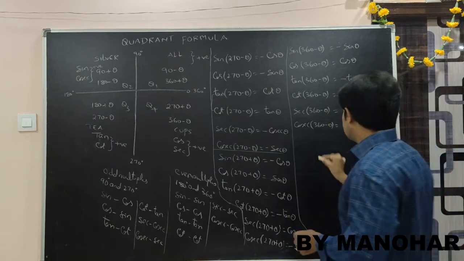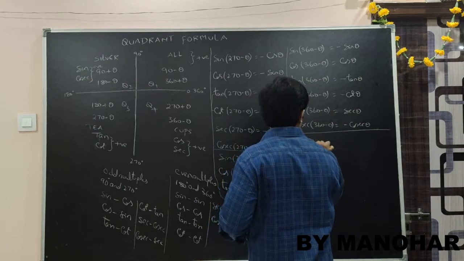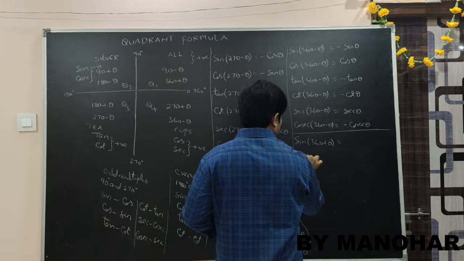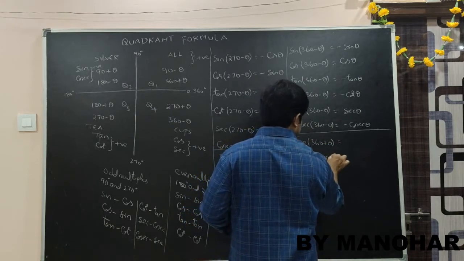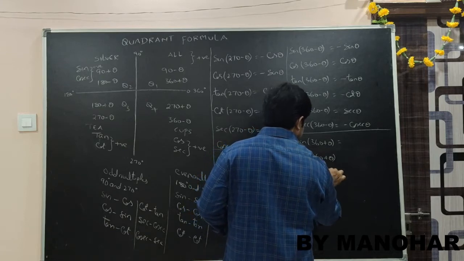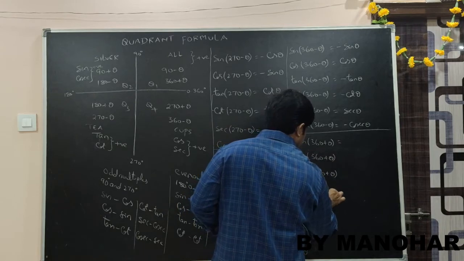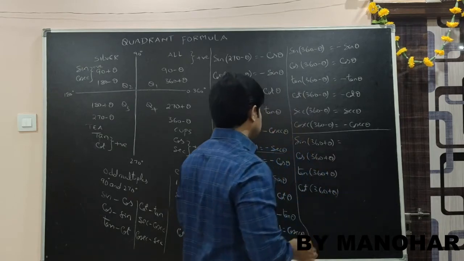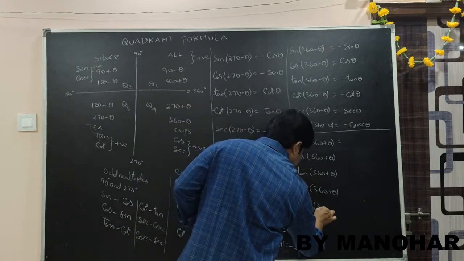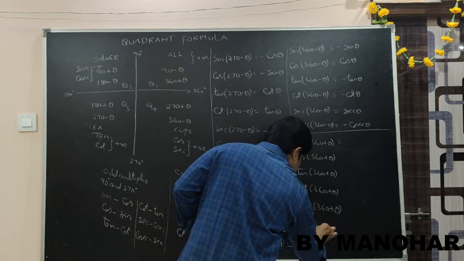Then after that we go for 360 plus theta. So sine of 360 plus theta, cos of 360 plus theta, tan of 360 plus theta, cot of 360 plus theta, secant of 360 plus theta, cosecant of 360 plus theta.